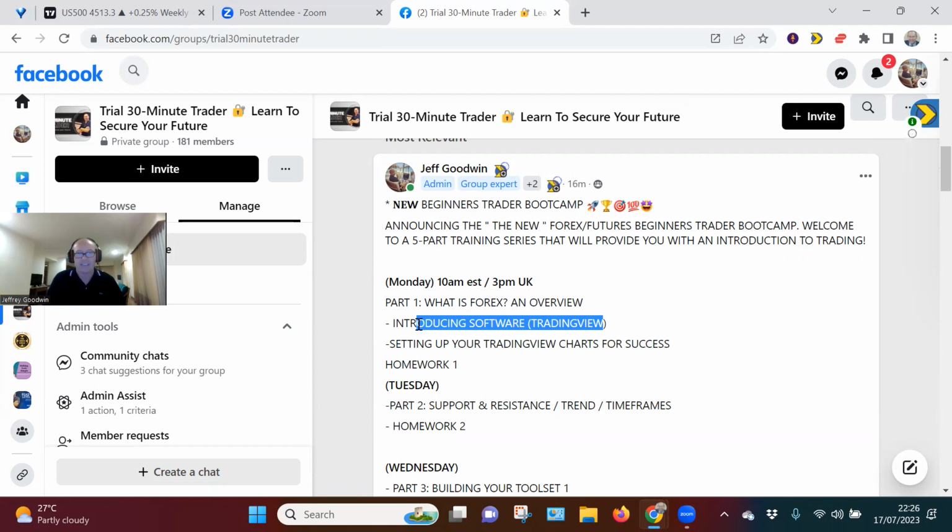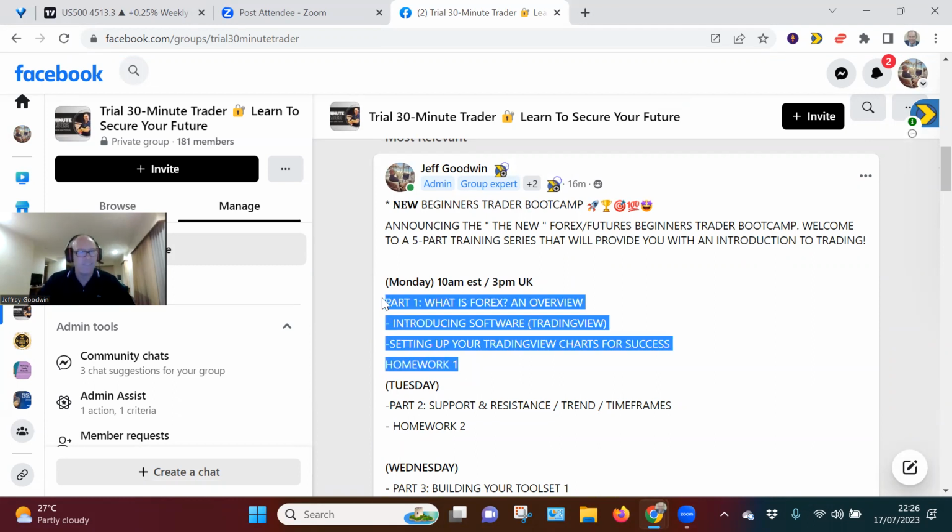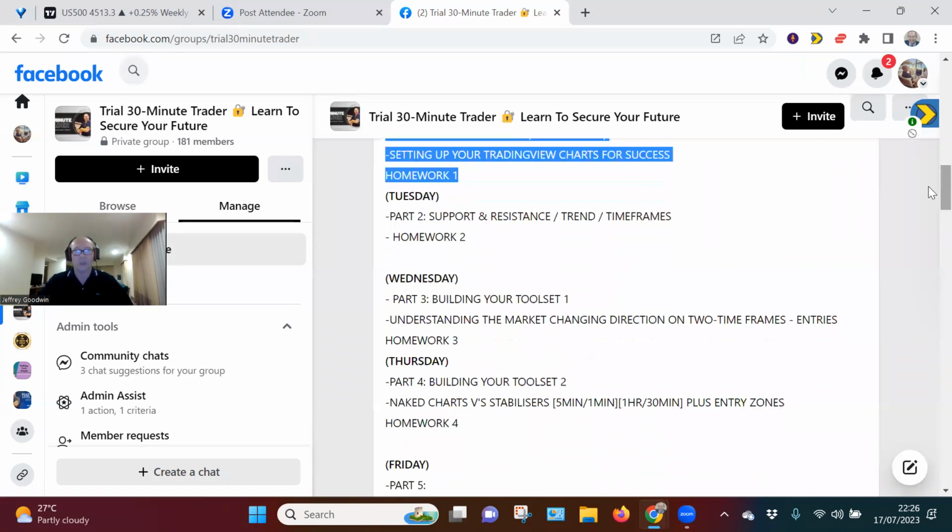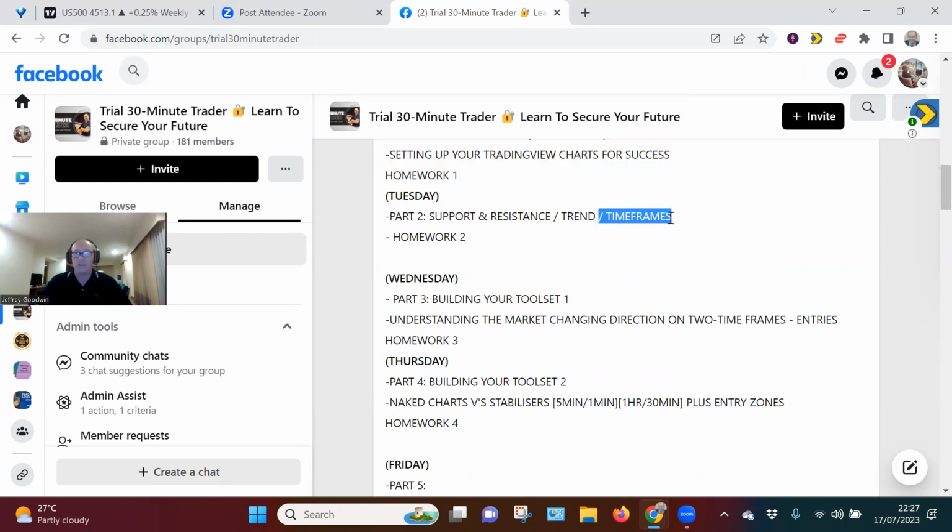And I'll be doing a couple of exercises and then sending everybody away for some homework. I said, very basic today. Tomorrow, remember, this is for beginners, we'll be looking at support and resistance, but in a different way than you typically look at it. We're looking at trends and different time frames to trade on.